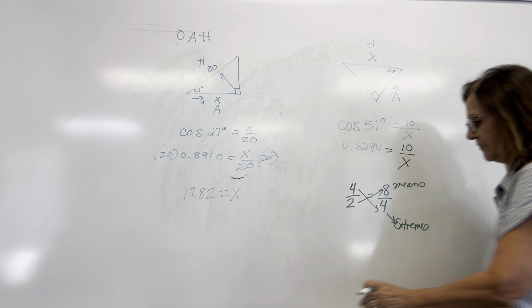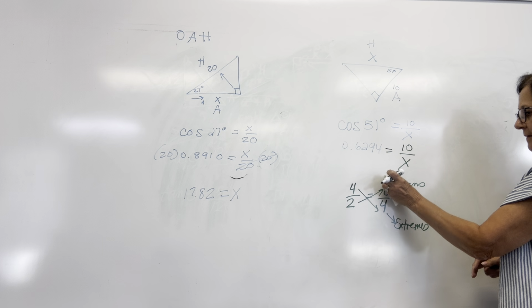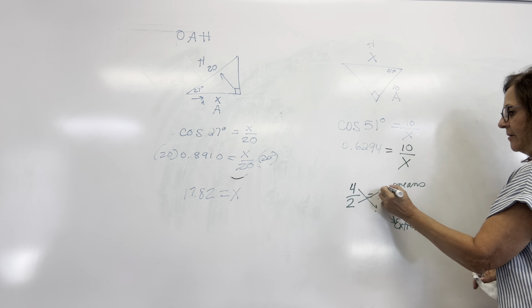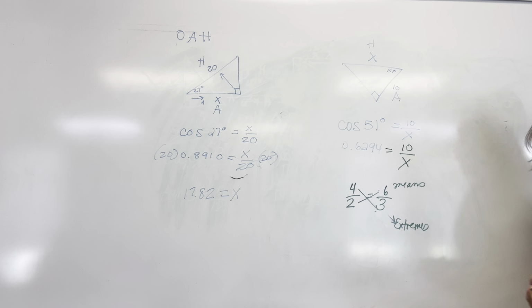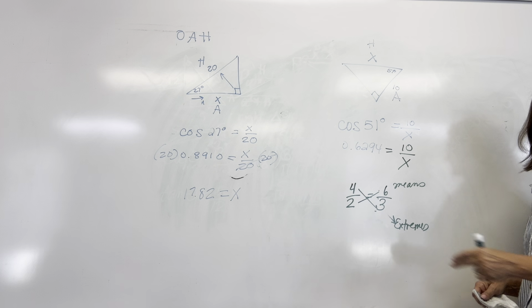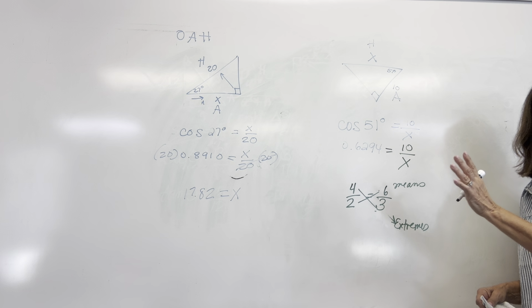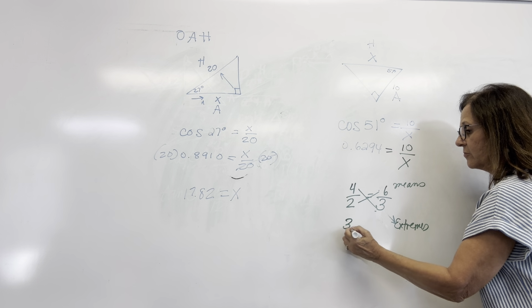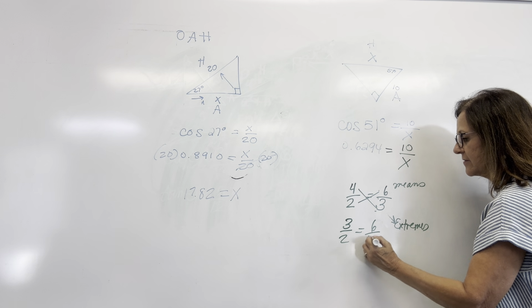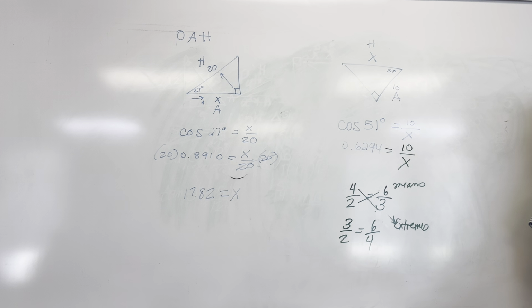Let's make it 6 over 3, which is also 2. Let's swap our extremes. I'm going to move the 3 there and the 4 there. So 3 halves equals 6 fourths. It's the same thing. So I can swap my extremes.